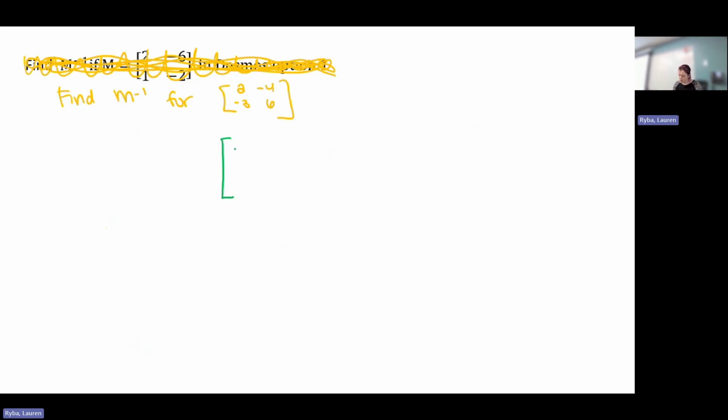So I start with this matrix and augment it with the identity, 1, 0, 0, 1. First thing I need to do is get that 1 in the upper left position.